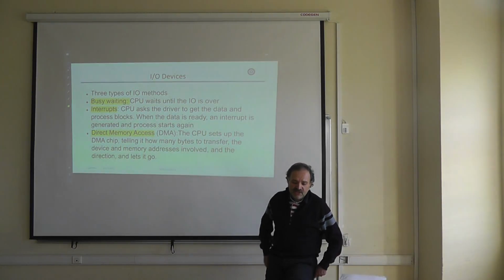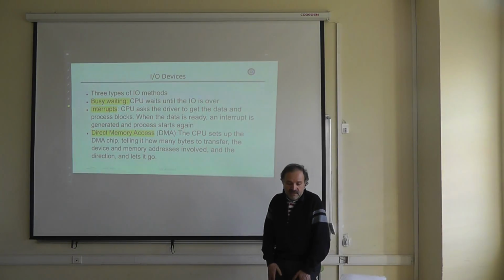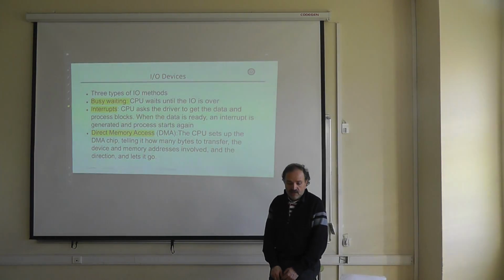But if we don't have such a constraint, if I have the CPU for myself and there is nobody else, the CPU is much faster than the DMA chip, right? So if the CPU has time, if the CPU doesn't have anything to do, then if the CPU transfers the data from the I/O device to the memory, it would be much faster than DMA doing it, or faster than interrupts.